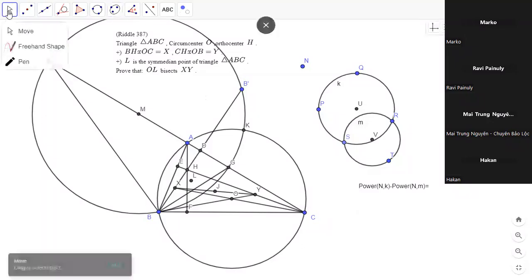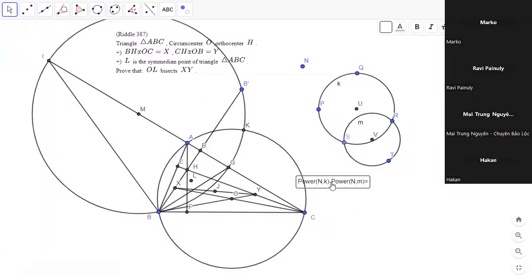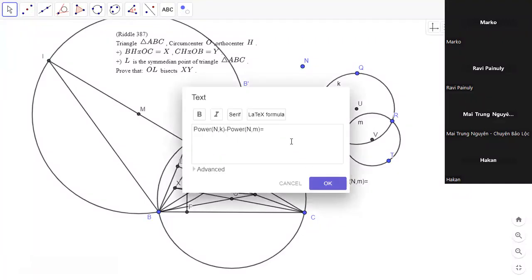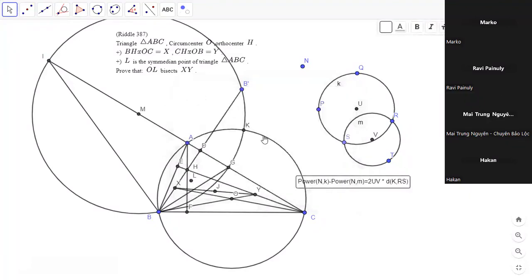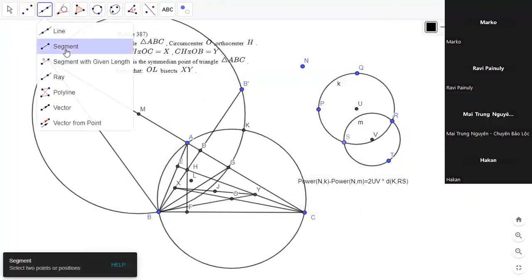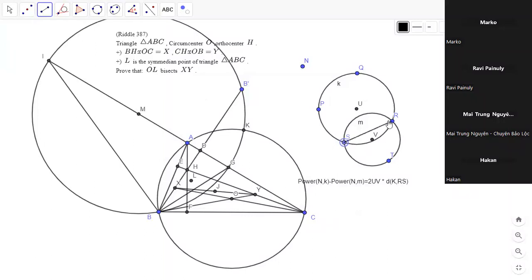It's 2UV times the distance from K to the radical axis of the two circles. So this is also called linearity of power of a point.